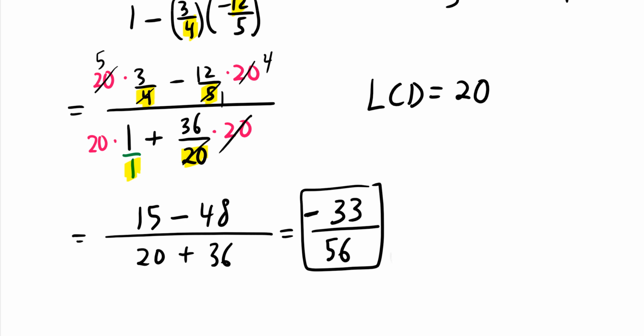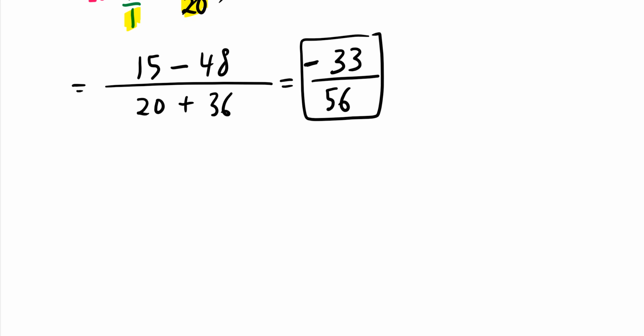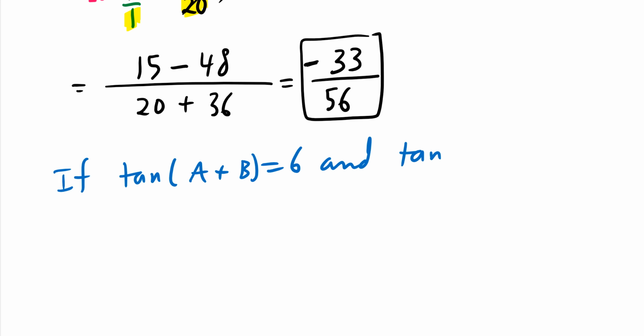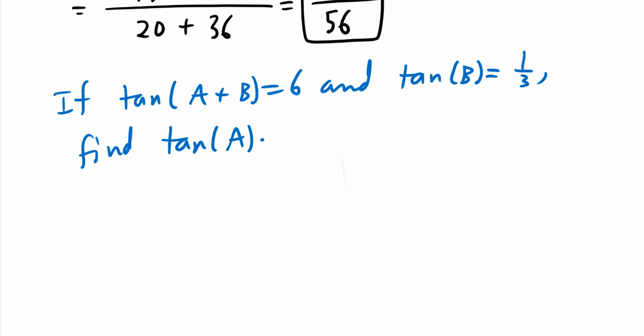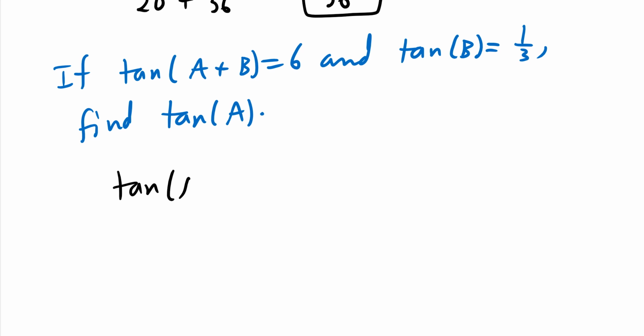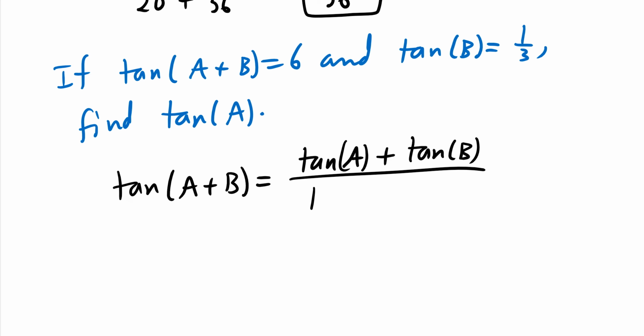Can we look at a different example? If tangent A plus B is given as 6 and tangent B is 1/3, find tangent A. So to do so, we take tangent A plus B. The formula we just derived, and we know it's tangent A plus tangent B over 1 minus tangent A tangent B. The left-hand side is 6.